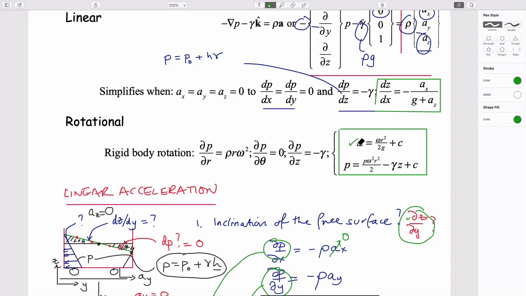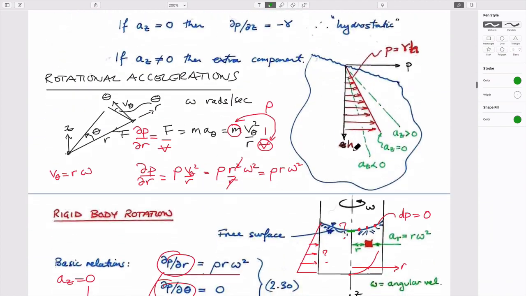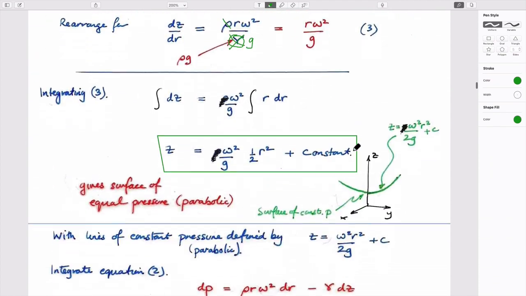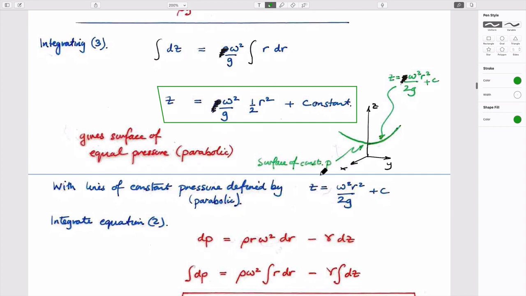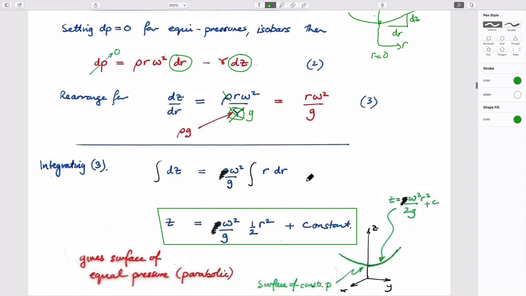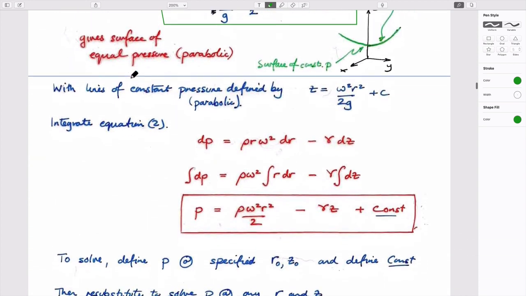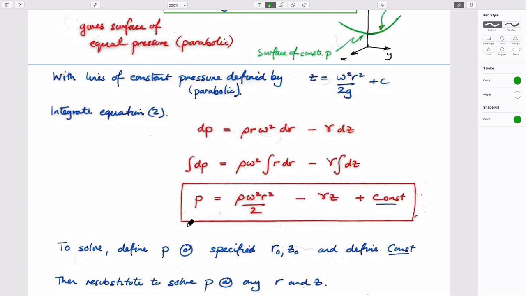This is the one we just have, which is this. And the other thing that we can do is we could also take the magnitudes of the fluid pressures here and this term, and we could use that to integrate it to get the pressure distribution in the system, which is this term here.